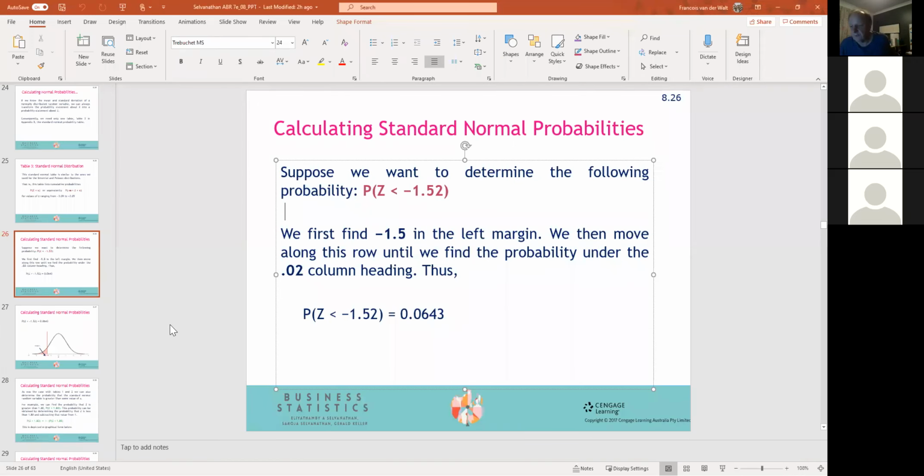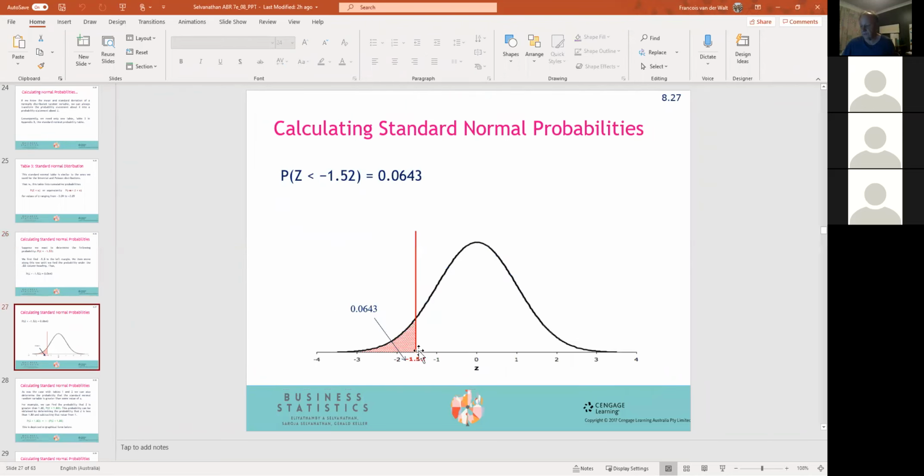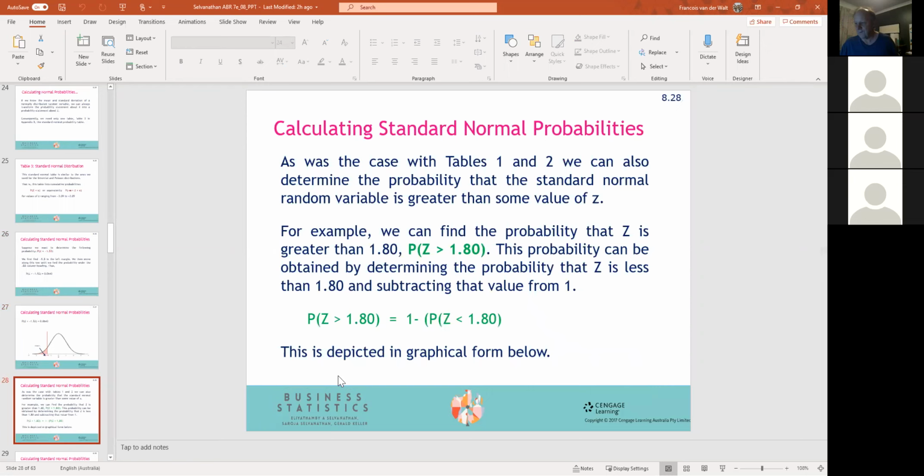Let's look at another example. Here's the drawing that they've done, and there's -1. It's not as snazzy as my drawing, you have to admit. My drawing is much nicer and smoother. So calculating standard normal probabilities, what do they try to say here?